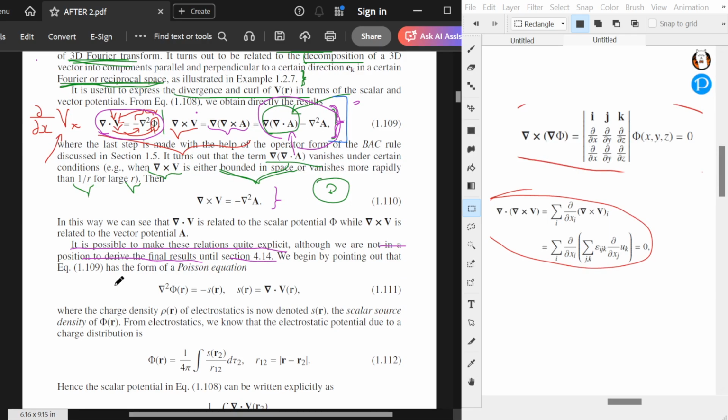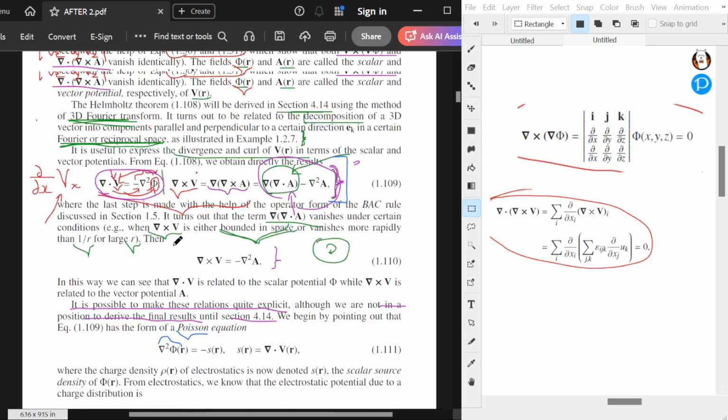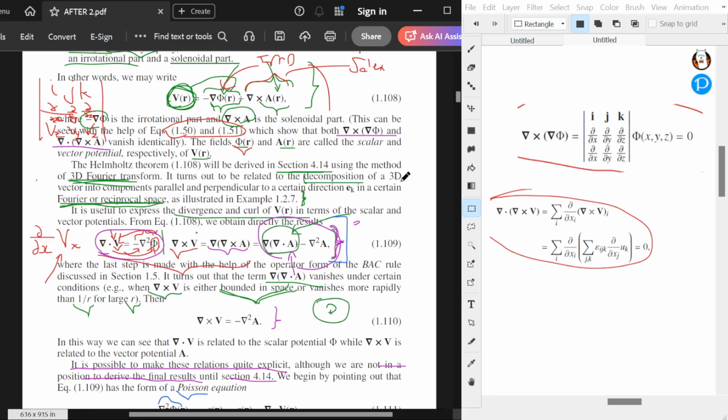has the form of a Poisson equation. Is it correct to say the Laplacian, the del squared of the scalar potential, is that it?